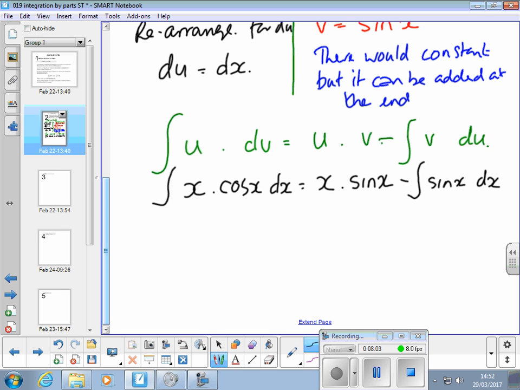So all we need to do now is, can we solve this integral? The integral on the right hand side of the equation needs to be solvable using the standard tables. So have we got an entry for the integral of sine x? So the final answer to this is x sine x. What is the integral of sine x?